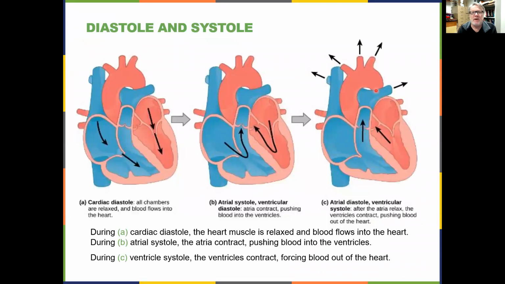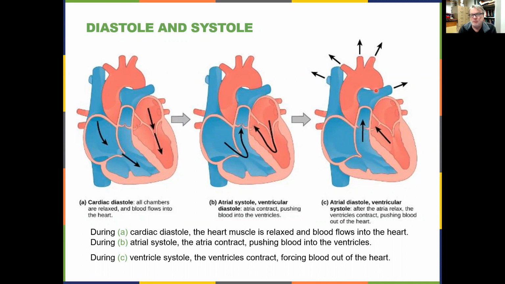When we look at the mammalian heart, the four chambers contract in a particular sequence in order to generate the force to move blood through both the pulmonary and the systemic circuits. The two atria, if you recall, are the ones that receive blood from the veins, and they both contract simultaneously in order to move blood from the atria to the ventricles.